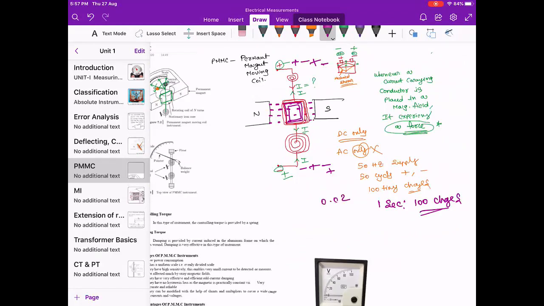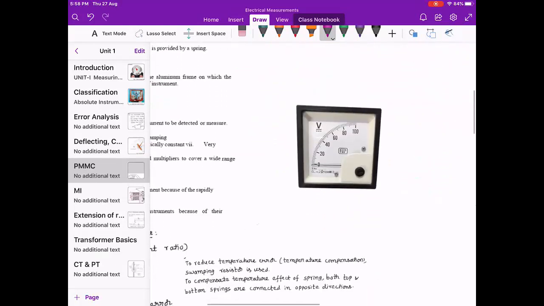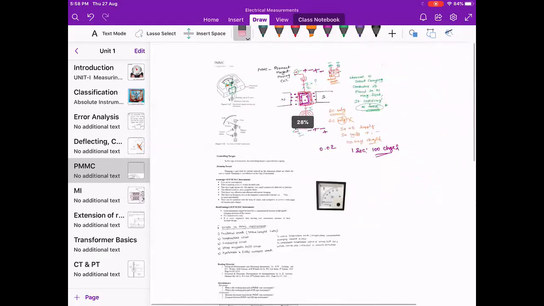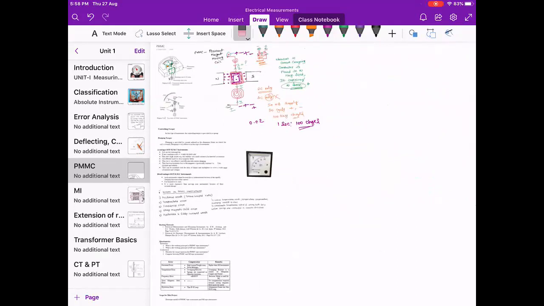The pointer cannot follow the magnet changing so fast. That's why the pointer will not follow, but it can oscillate at the zero position only. That is also important. That's why this meter is not connected to AC circuits, and it will not measure AC circuits.